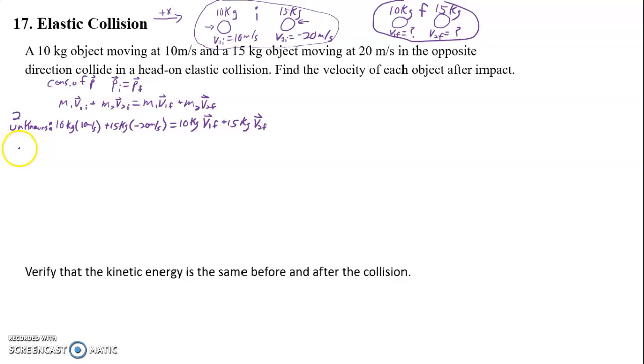What we need is another equation. If we look on the equation sheet, we see an equation that is only applicable for elastic collisions: v1i minus v2i equals negative the quantity v1f minus v2f.